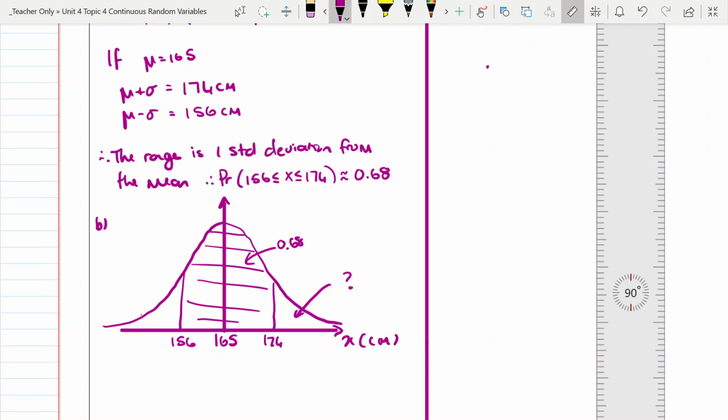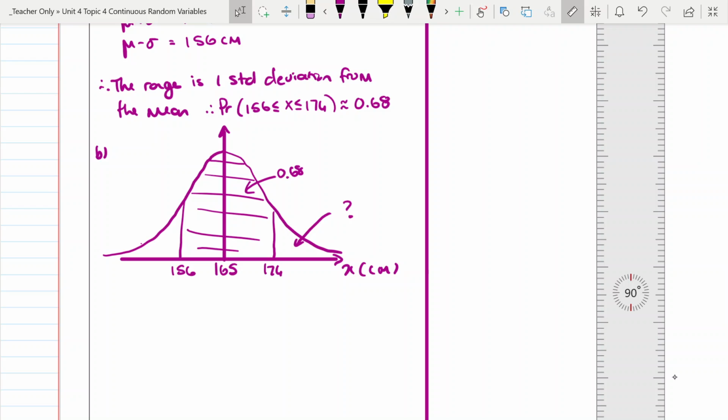Now, this is all based on symmetry. All right, so notice that this equals that, and the sum of the whole lot, remember it's a probability density function, so it means the sum of our probabilities is equal to 1.